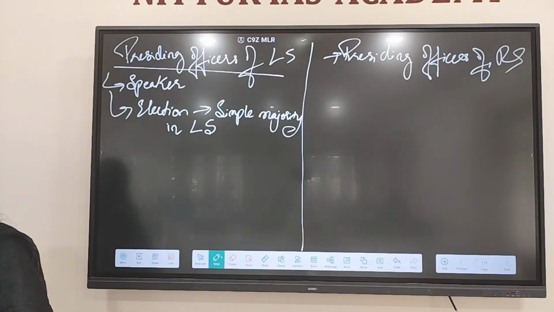And also, let us see when he can vacate his office. When he ceases to be a member of Lok Sabha, or if he resigns, then his seat will be vacant. To whom can he give the resignation?